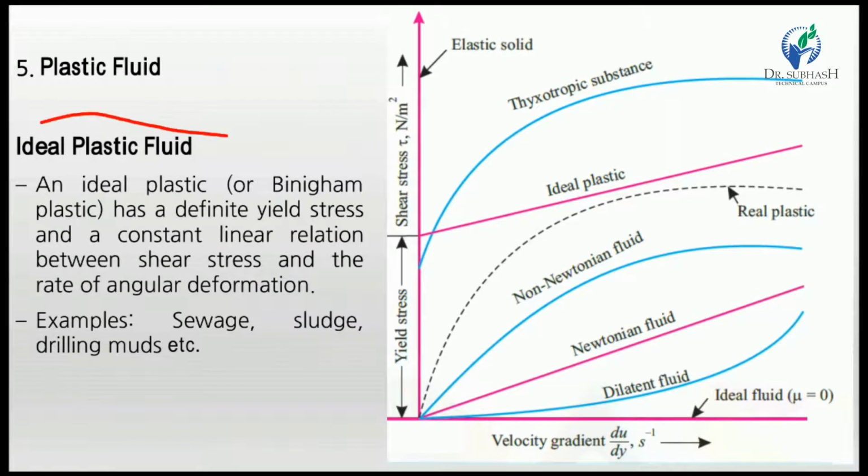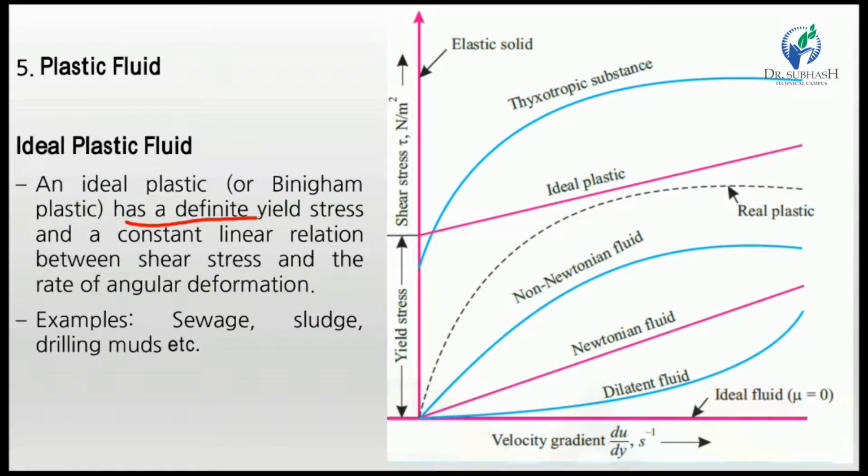Ideal plastic fluid has a definite yield stress and a constant linear relation between the shear stress and shear strain. Okay, examples are sludge and drilling muds. Okay, it's an ideal plastic fluid.